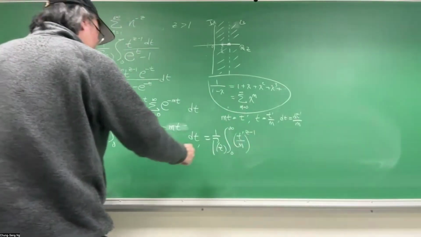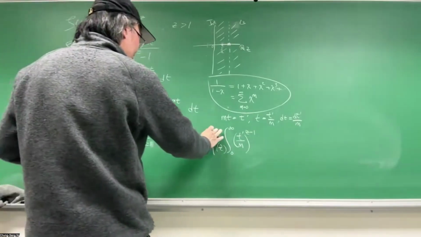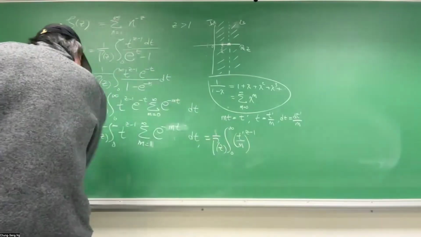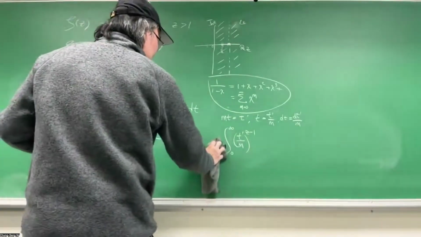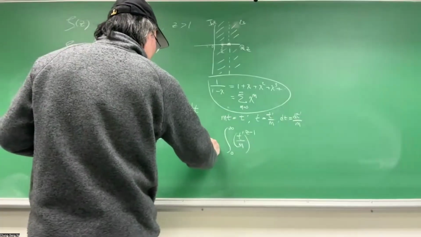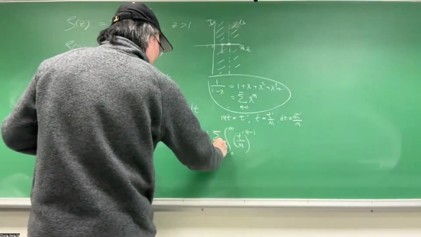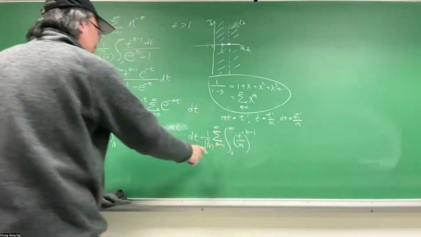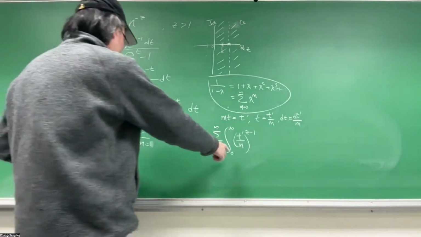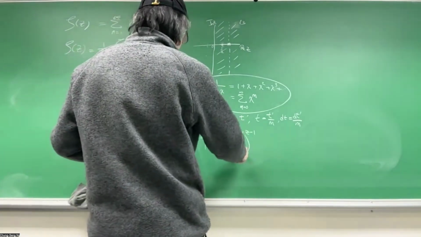Now you need to take the summation, otherwise this doesn't make sense. It equals 1 over gamma z, sum over m from 1 to infinity. For each m, you define the change of variable with m. That makes more sense.